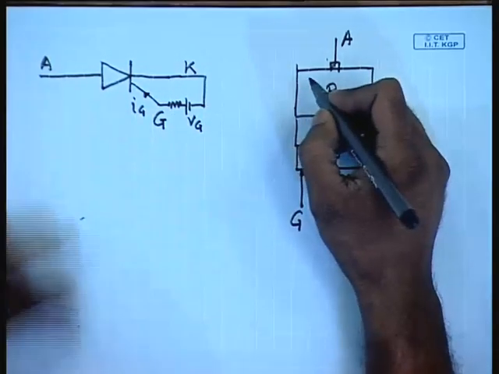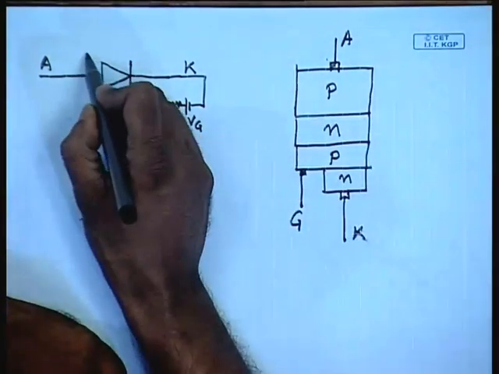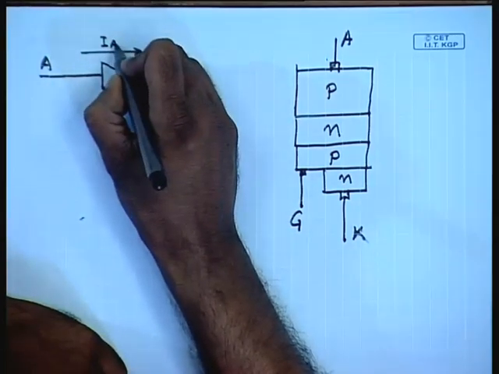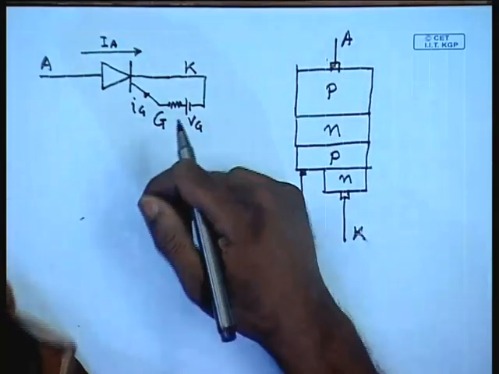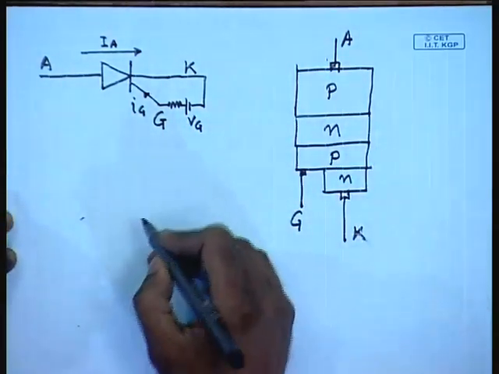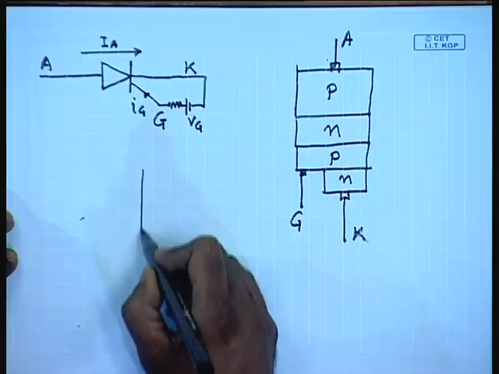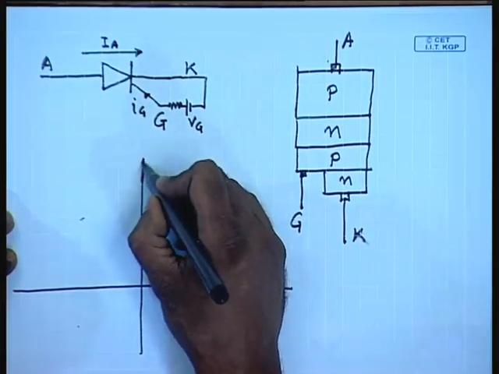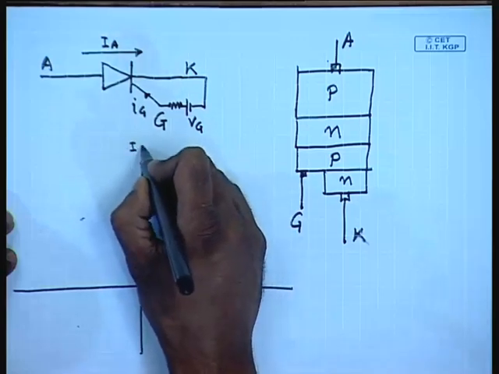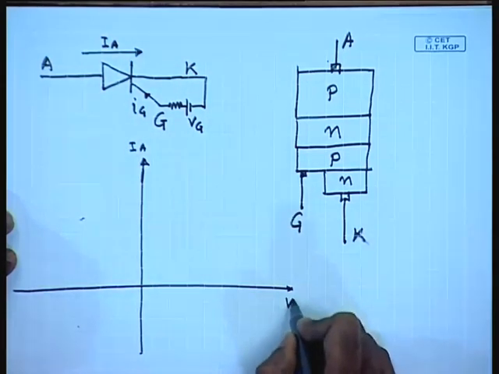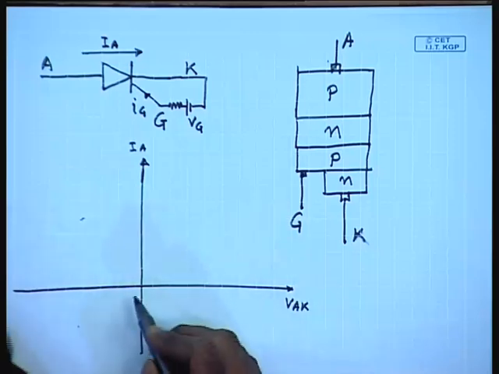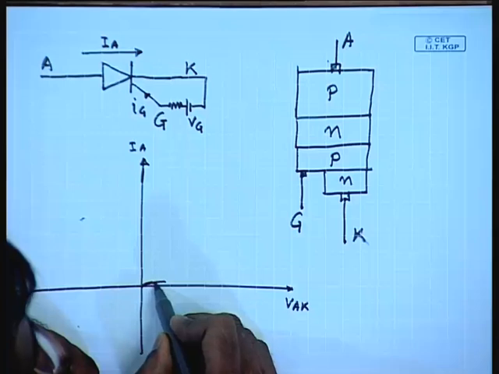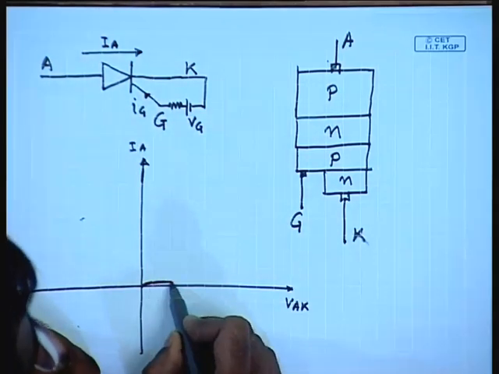However, in order to turn it off, the current flowing through anode and cathode has to be disrupted, brought below a certain level, only then will it turn off. The characteristics look somewhat like this. As you keep on applying forward voltage, the device conducts very little current if there is no gate current.